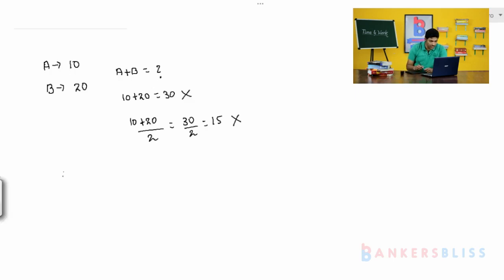See here, A takes 10 days to complete a task. Convert this number of days into efficiency.